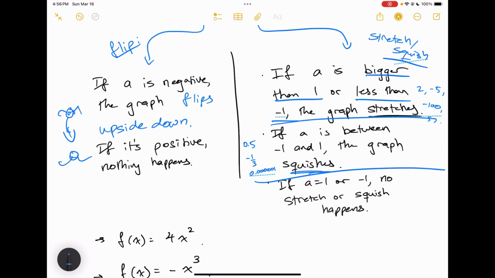However, if a is exactly equal to 1 or to -1, we'll have no stretch or squish. Once again, kind of like flipping, we can have a situation where no stretch or squish happens. A reminder that stretch is where Dotson got a lot taller, and squish is where he becomes a pancake.